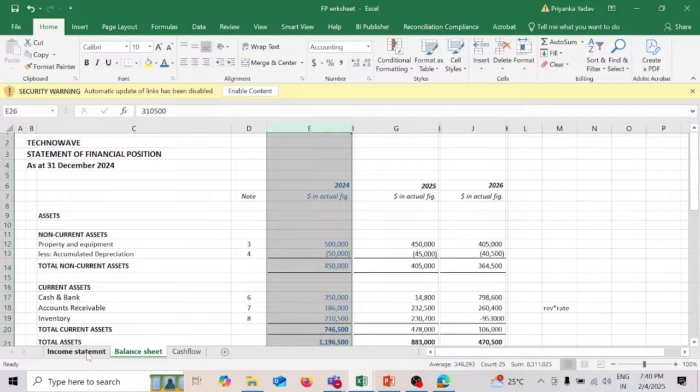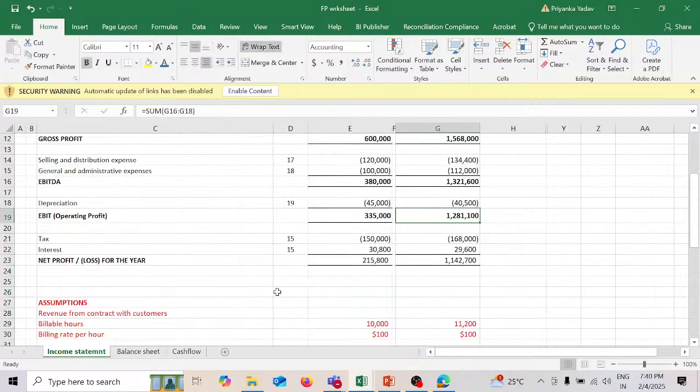Now here we have already linked all. This is a 3D model, because we have already linked all the three statements, so they are all interconnected.